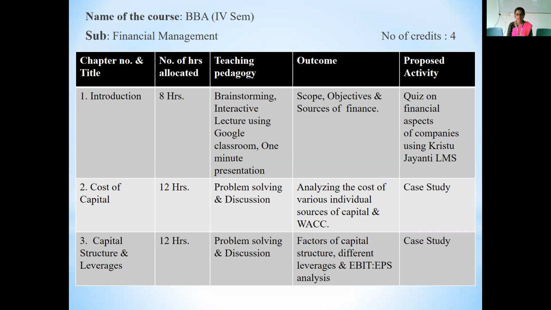So in this, we will be learning about 3 types of leverages called financial leverage, operating leverage, and combined leverage. And at the end of the module, we will also be doing a case study analysis on EBIT and EPS in order to find out which is the appropriate mix of capital that a particular organization should raise in order to keep its cost low and improve the profits.